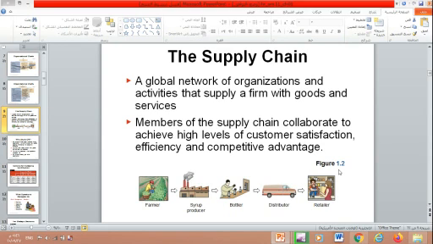Here in figure 1-2, the example is a bottle of soft drink, which requires first of all a sugarcane farmer and a syrup producer, then a bottler, then a distributor, in order to reach the final customers via the retailers. All of those members contribute to provide the customers with the goods and services and maximize their satisfaction.